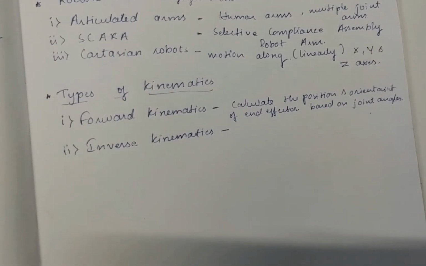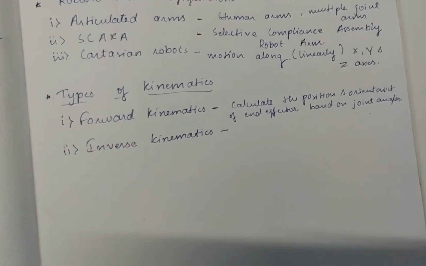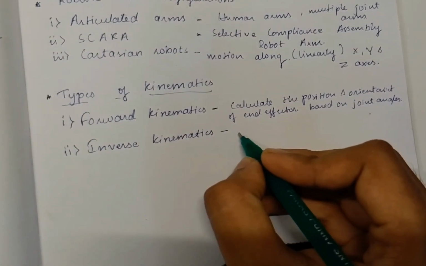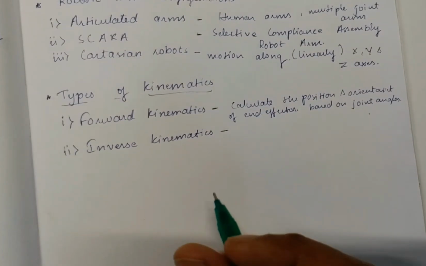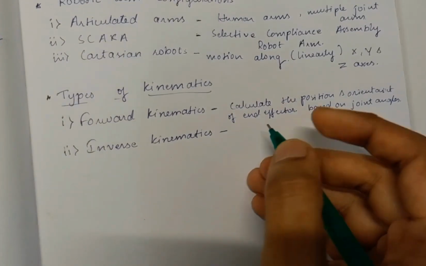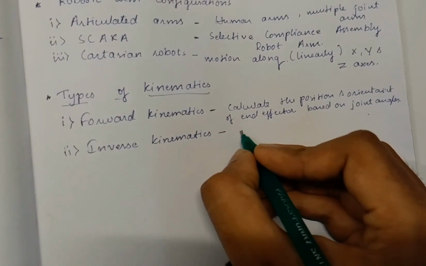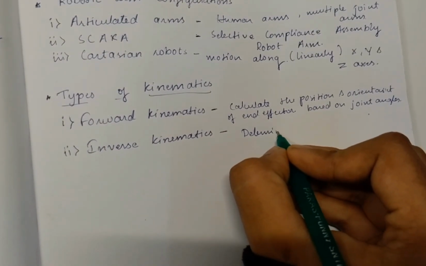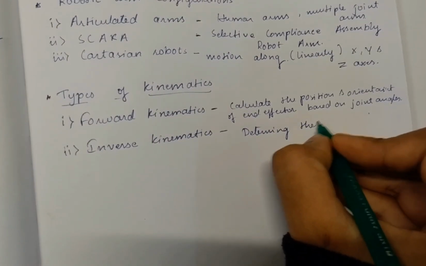Whereas in inverse kinematics, we determine the joint angles required to place the end effector at a desired position. This is a bit more complex and often requires iterative or numerical methods to solve.